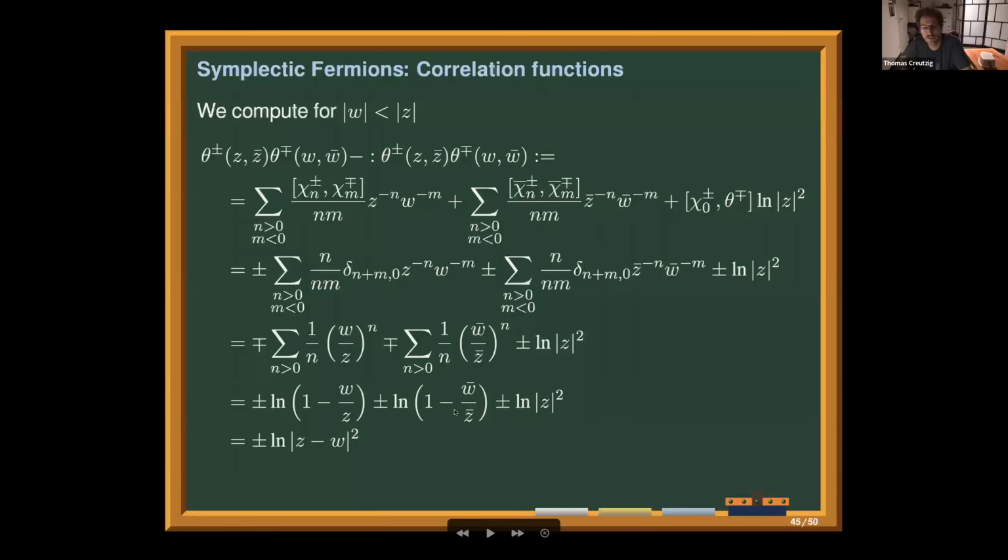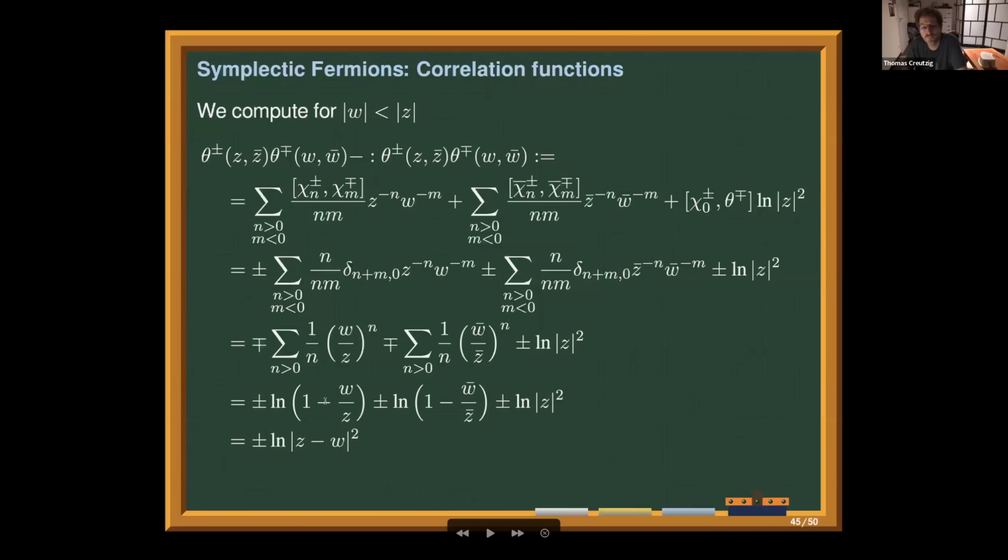So you see the very nice interplay: a computation where you have to put in the definitions, which you have to trust I did correctly, and at the end what you get is a sum of three expressions, each a logarithm, but each logarithm either only depending on the chiral variables w and z, or the antichiral, the complex conjugate variables, and then this absolute value squared one.